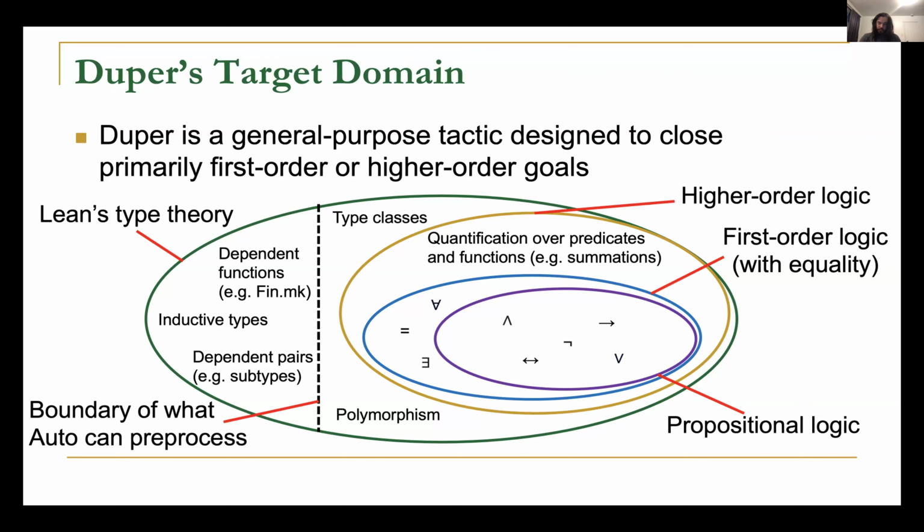So everything to the right of this dotted line describes features that Duper can reason about or support to some extent, while everything to the left of this dotted line describes features that Duper isn't well suited to reasoning about. Duper won't necessarily break or crash in the presence of these features, but it also doesn't currently have the tools to effectively reason about them.